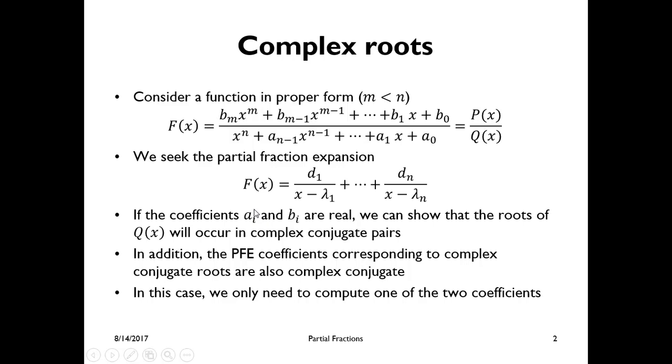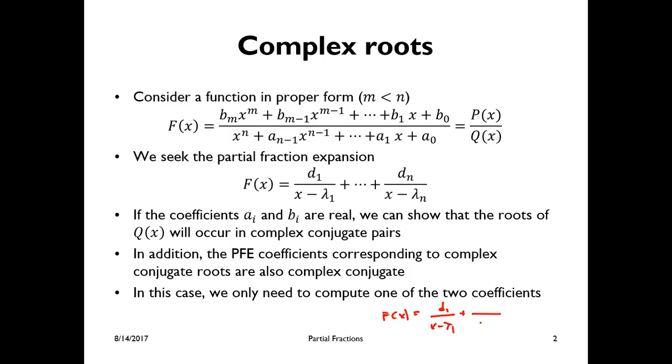If the coefficients of the polynomial in the numerator and the coefficients of the polynomial in the denominator are all real, then we can show that any complex root of q of x will always occur with its conjugate pair. Moreover, the partial fraction expansion coefficients corresponding to complex conjugate roots are themselves complex conjugate. In particular, let's say in our partial fraction expansion for f of x, we have a complex root lambda 1.